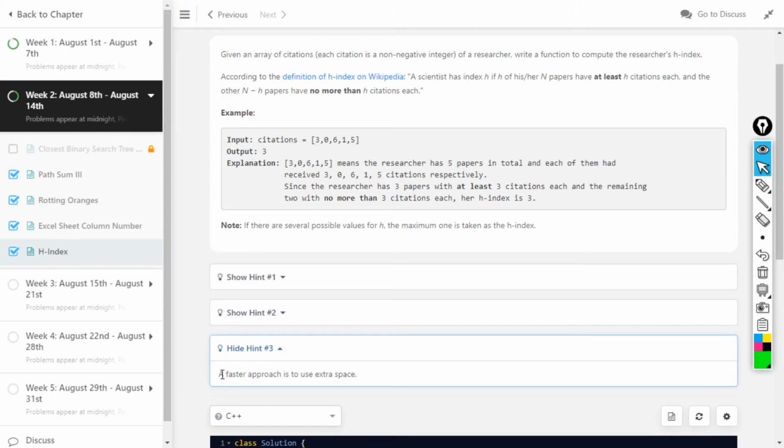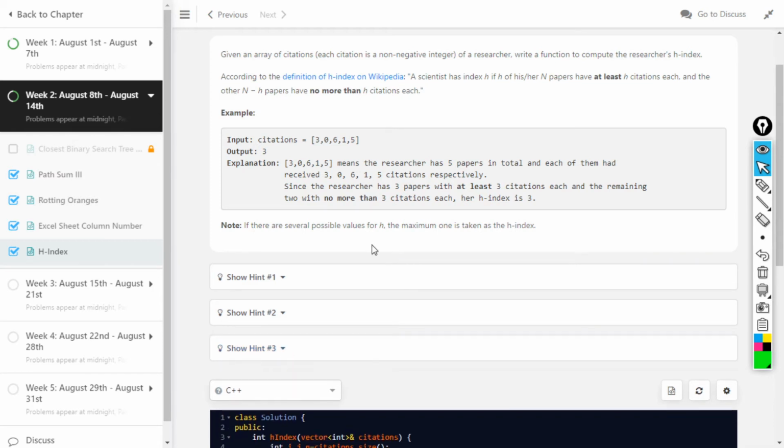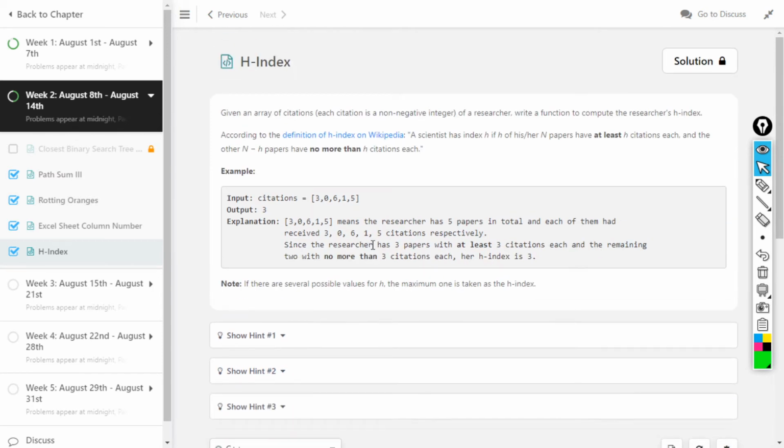The third hint: the fastest approach is to use extra space. My approach is the fastest approach. First of all I'm going to explain what I'm trying to do. Let's suppose we have the array 3, 0, 5, 8, 1 and 2.